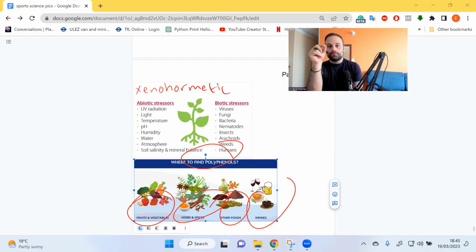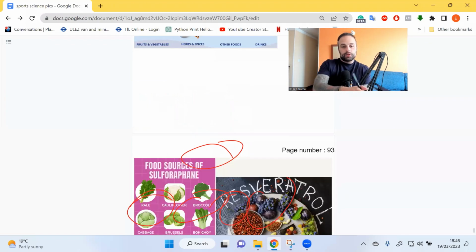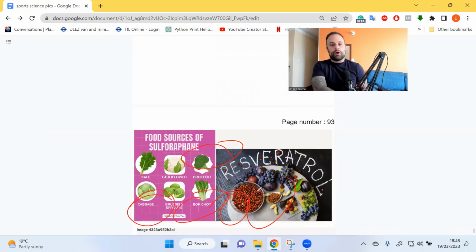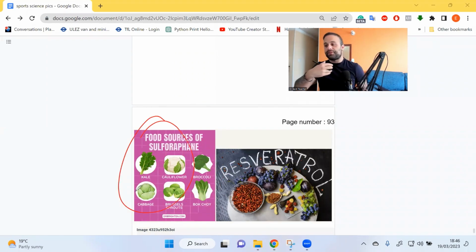Another of these xenohormetic molecules is something known as sulforaphane. These are found in specific types of vegetables, cruciferous vegetables such as broccoli, Brussels sprouts, cauliflower, kale, and so forth.